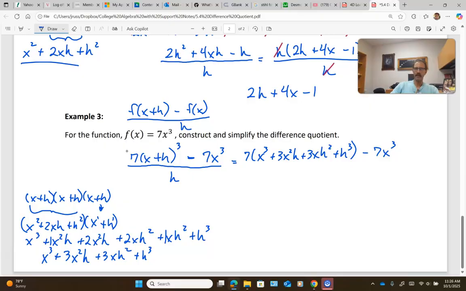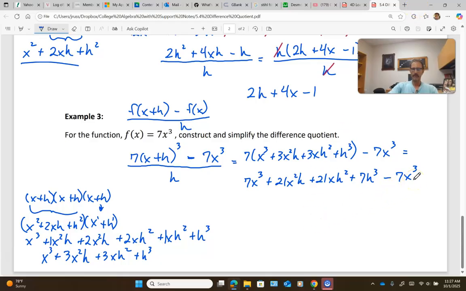Now I'm going to worry about the h on the bottom in a minute, because now what I'm going to do is distribute my 7. And if I do that, I'll get 7x cubed plus 21x squared h plus 21xh squared plus 7h cubed minus 7x cubed.